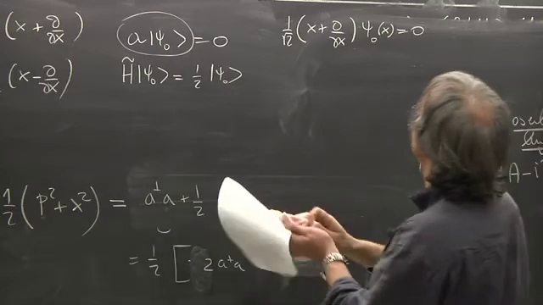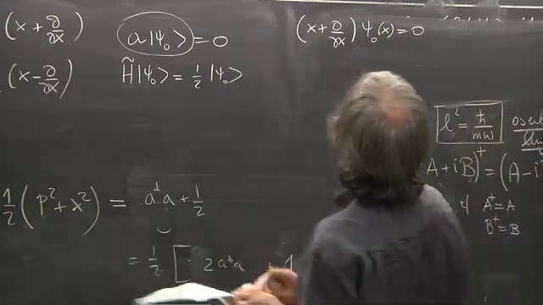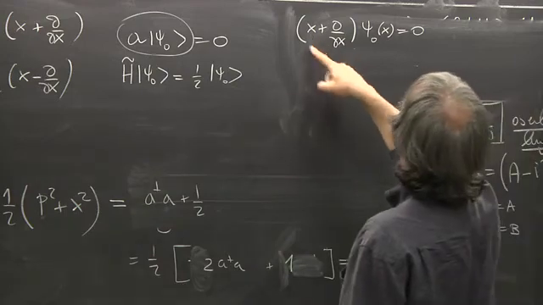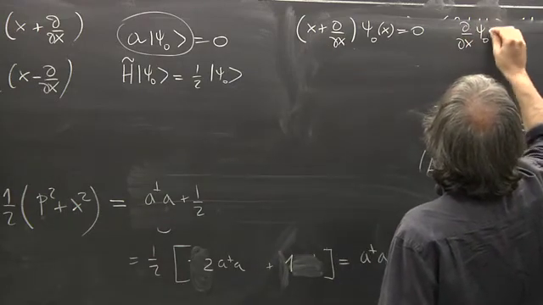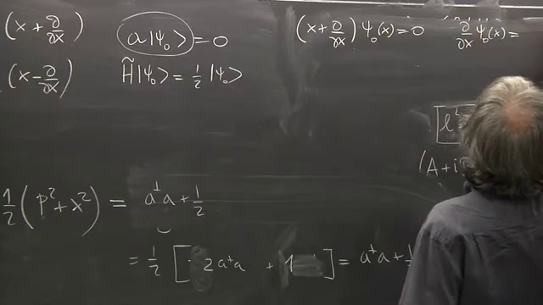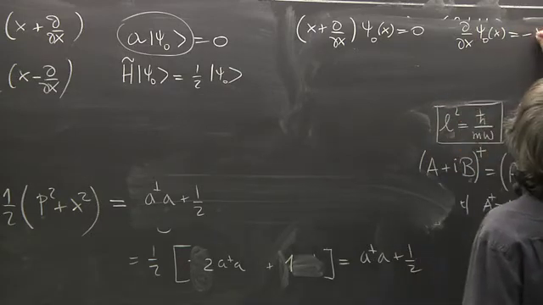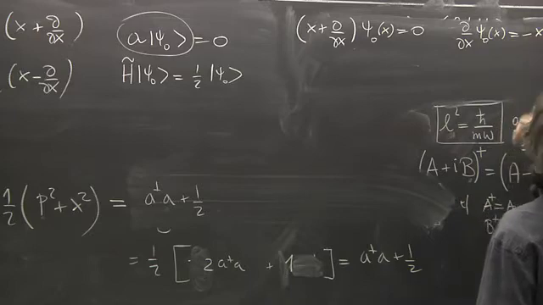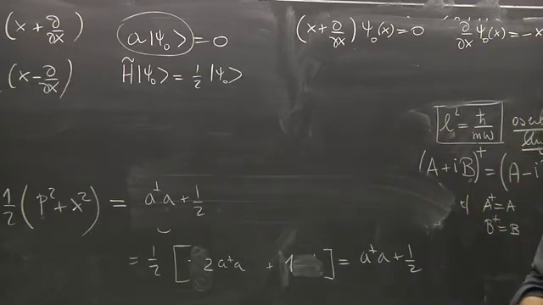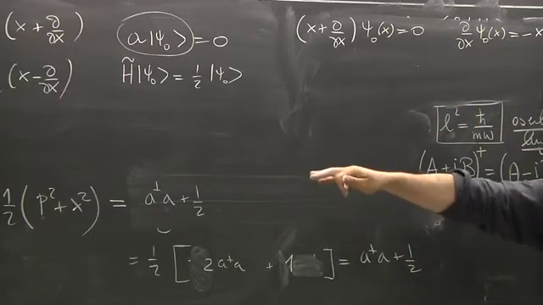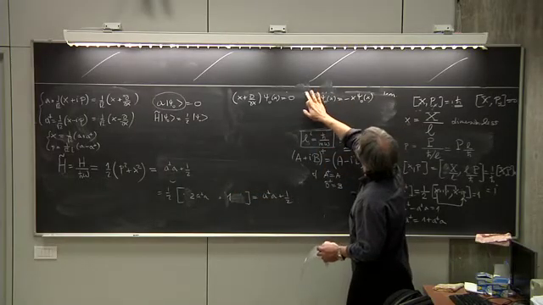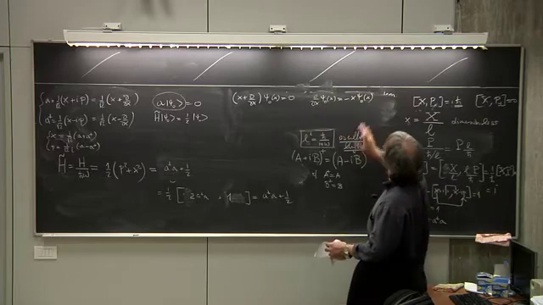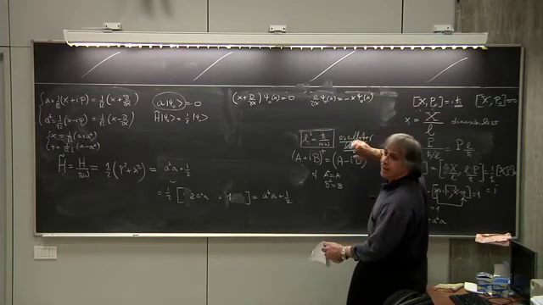Now, the 1 over square root of 2 you can get rid of. And if you bring this on that side, you have that the derivative of psi 0 of x is equal to minus x psi 0 of x. This is a much simpler problem than solving the full Schrödinger equation. It's a very simple differential equation. What is the solution of this?